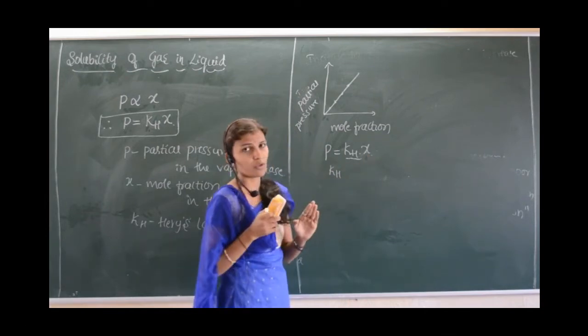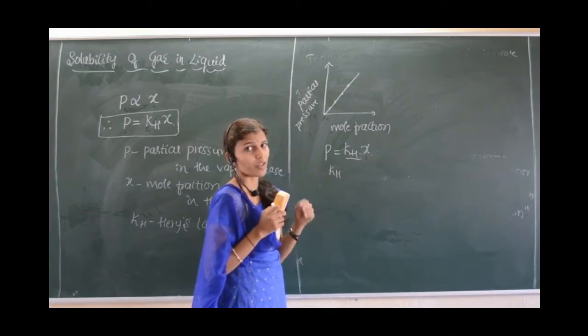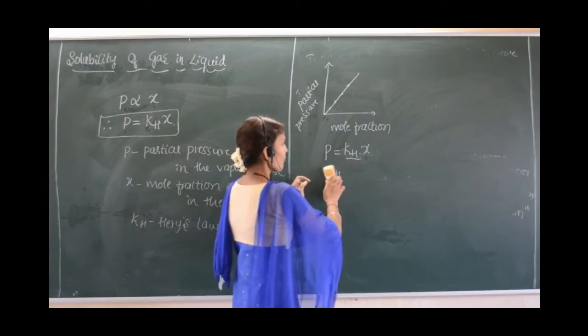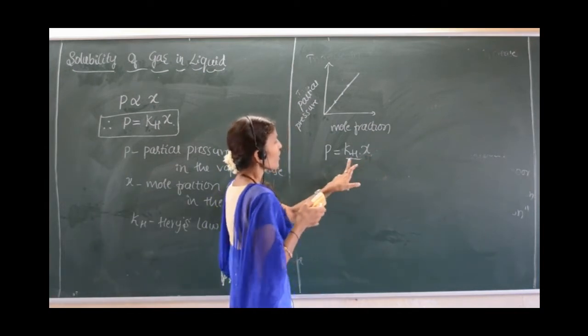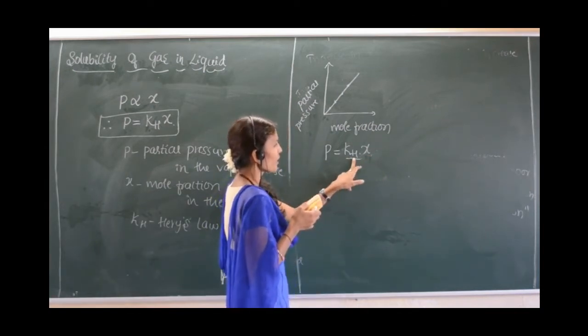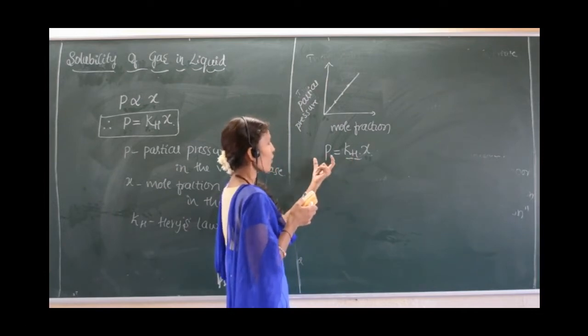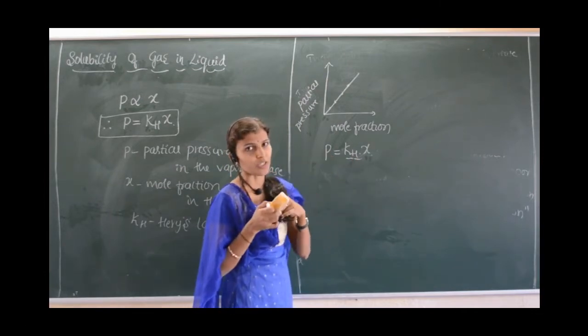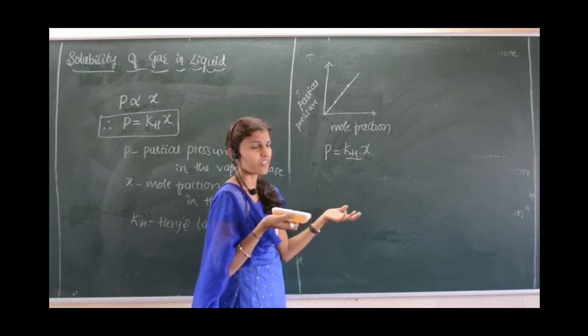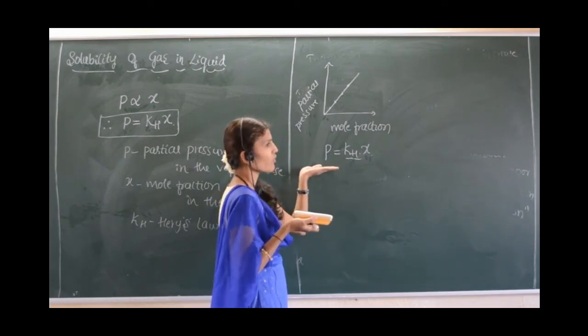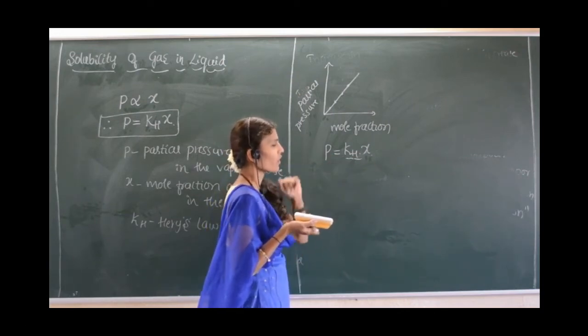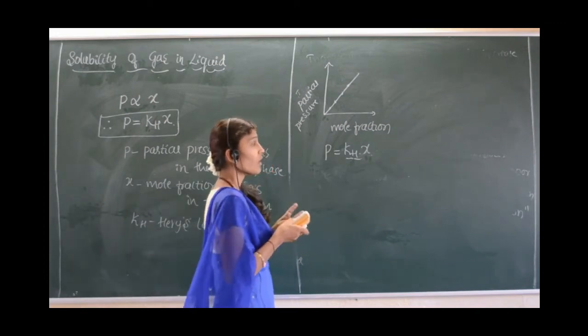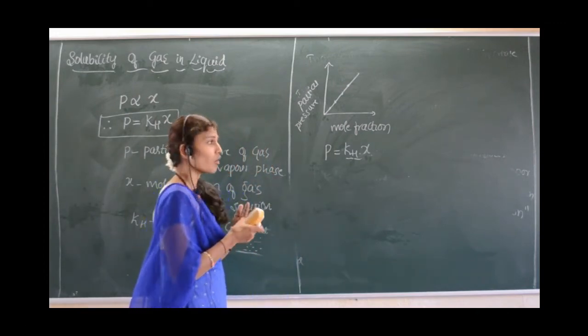For mole fraction we don't have any unit because it is a ratio of numbers of moles. So there is no unit, which means the unit of the Henry's law constant is the same as the unit of the pressure, like Pascal or bar. Whatever the unit of pressure is, the same unit is used for the Henry's law constant.